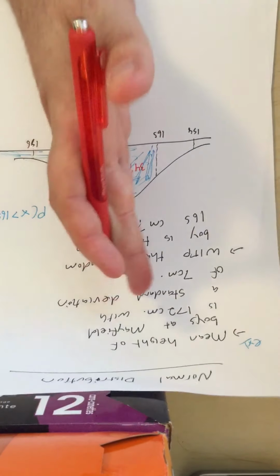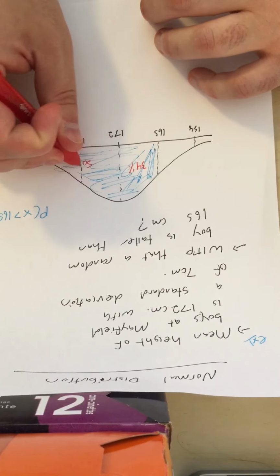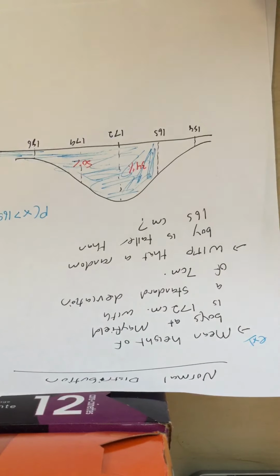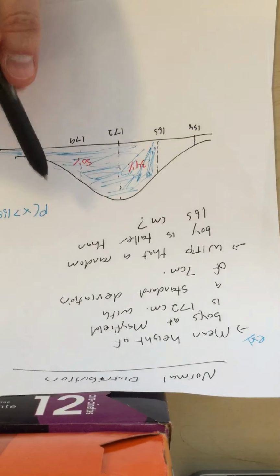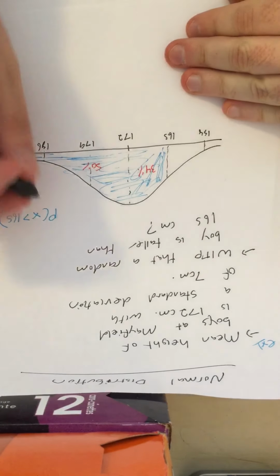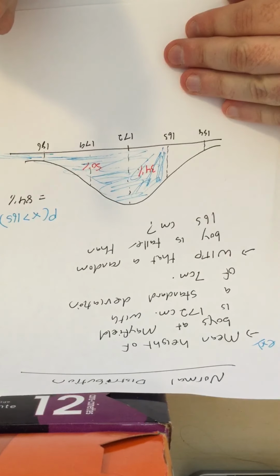And remember, it's symmetrical around the mean, so all this is going to be 50%. So the probability that we are above 165, given this setup, is going to be 84%.